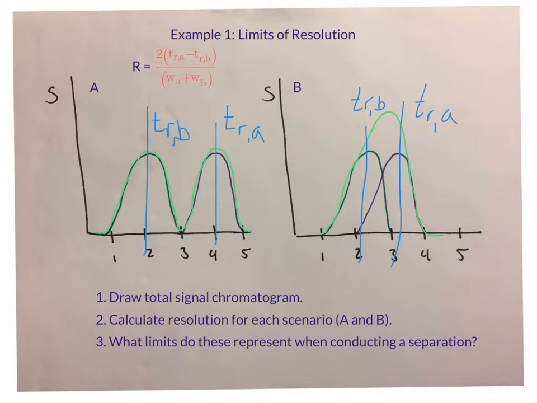Now, for the widths here, we will just define them as the full width at the base. So that's this width for width A. Hang on, let me get that right. There we go. And the full width for B. We can do the same for our other separation.